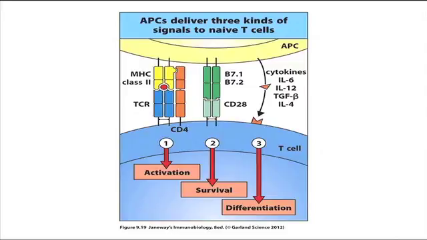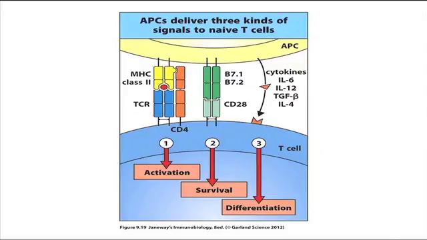What this tells the T cell is that this antigen that you recognized is bad news and you're going to have to deal with it. The third set of signals are represented by all the cytokines that are listed on the right hand between the APC and the T cell. And it is the specific cytokines that the APC makes that lead to differentiation of the T cell.